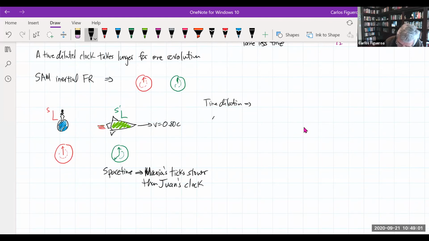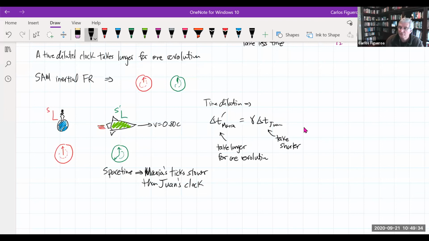Well, it says that Maria's clock, which is the prime, is going to have their clock of Juan is going to be time dilated. That means this is going to take what? It's going to take longer for 1 revolution. This is going to take shorter.